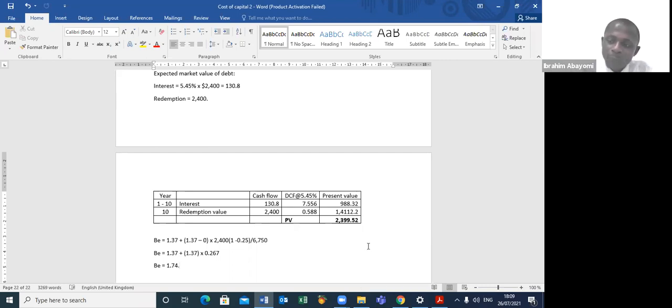Consider, before, when we had 800 million of debt, the beta of equity was 1.5. Now that we let go of the 800 million debt and replace it with 2,400 debt, our beta of equity is now 1.74 because we are now very risky.